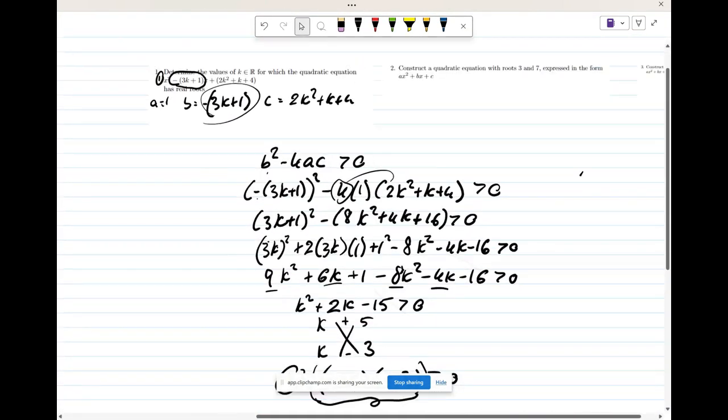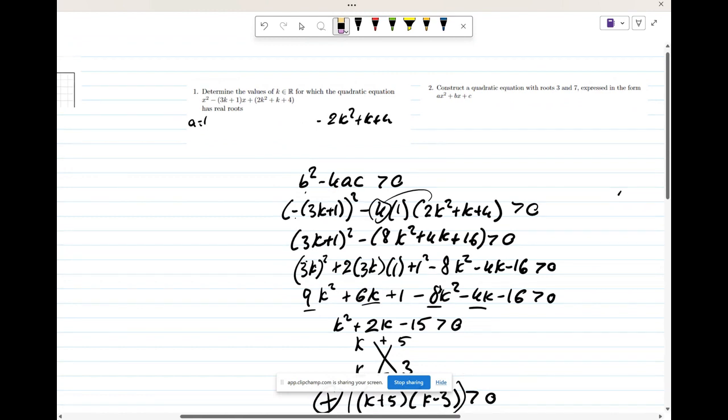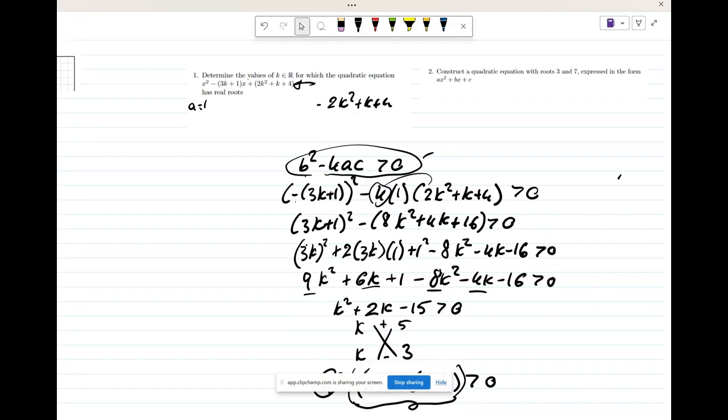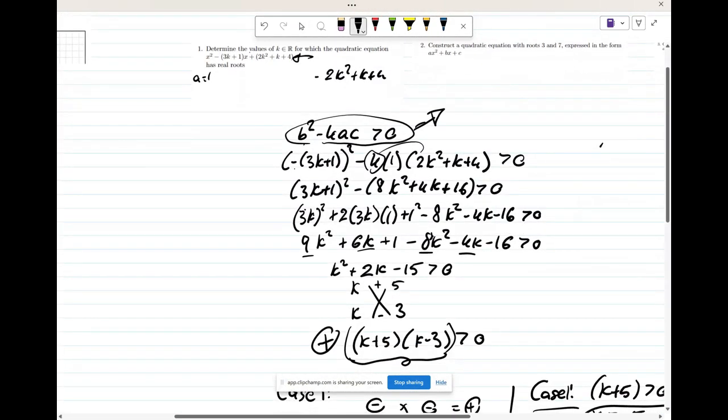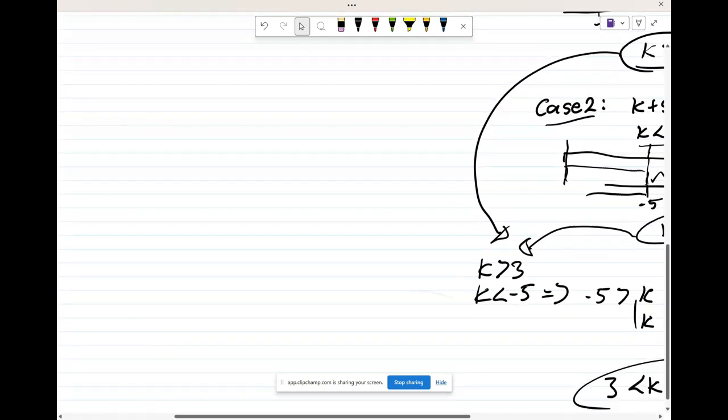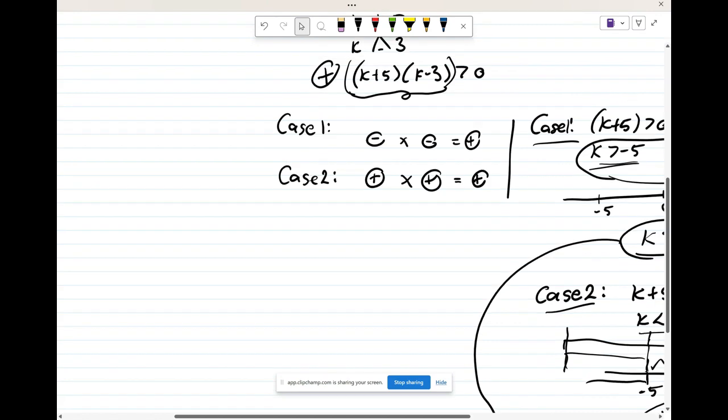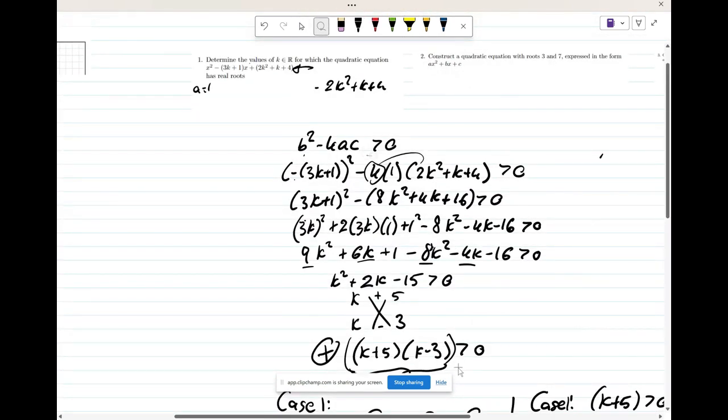So we were trying to determine the values of k for which the quadratic expression here has real roots. So that's what we imposed here. This is where it has real roots, and then we found the values for k for which this is true. So when k is greater than 3 and less than -5, I'll even copy this down here.